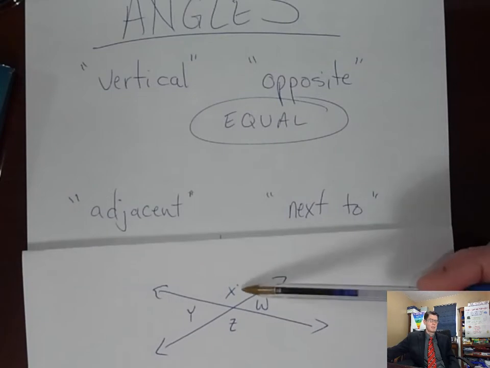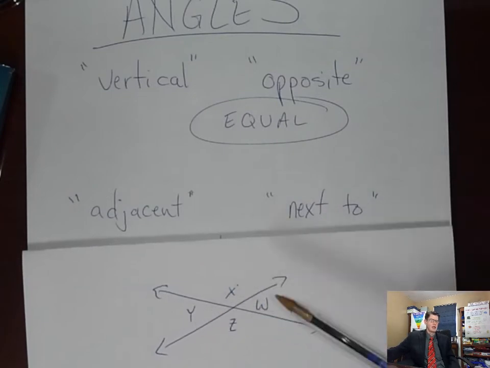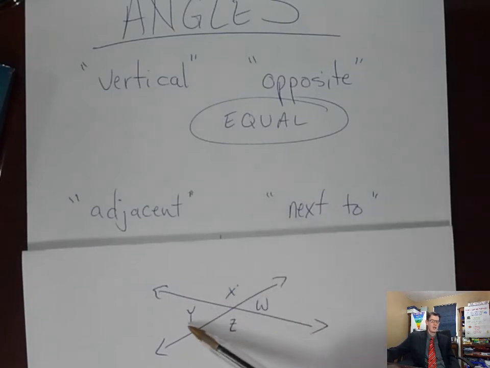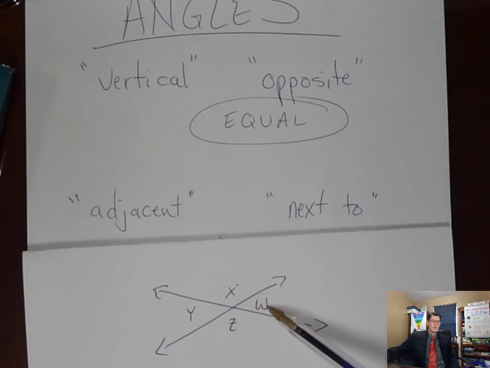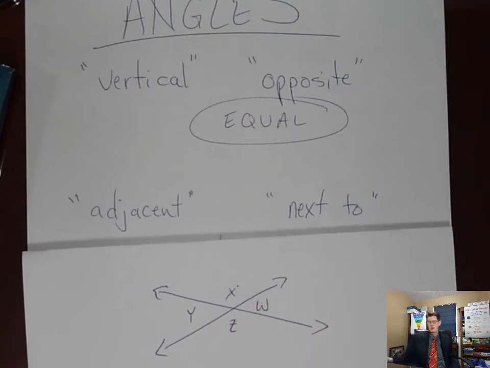X and W are adjacent, and X and Y are adjacent. Both of these two are next to X. So let's use these two right here, X and Y. Those two are adjacent to each other. They're next to each other. Over here, X and W are next to each other.